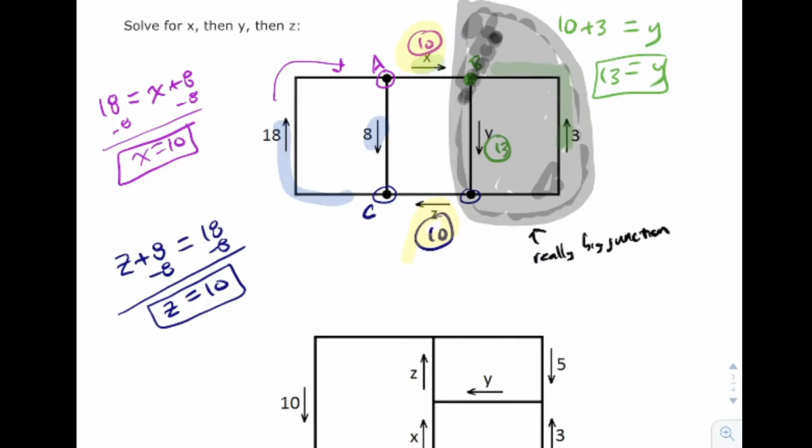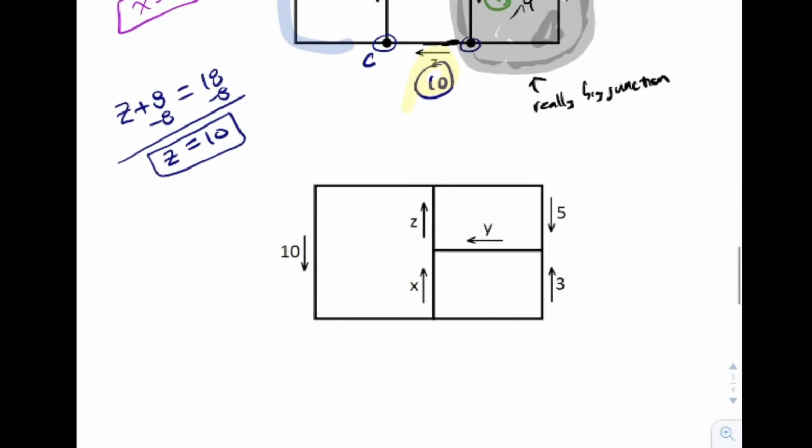You could have amazingly complicated circuitry over here, with transistors or whatever. You could have the most amazing circuit in the world, but if it only has these two places where it hitches up, here and here, then if you have 10 coming in over here, you must have 10 coming out over here. Just think of this as a big junction. So that's a cute little shortcut.